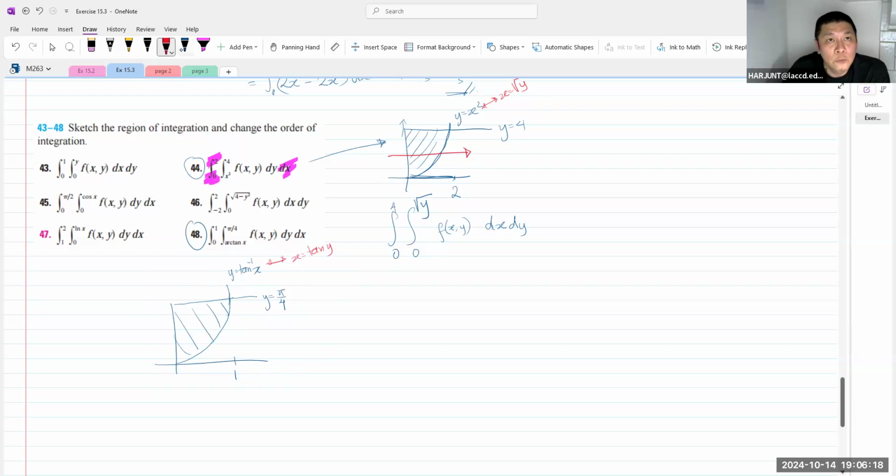Okay, so for number 48, the double integral will be from 0 to pi over 4, from 0 to tangent y, f(x,y) dx dy. That's for number 48.